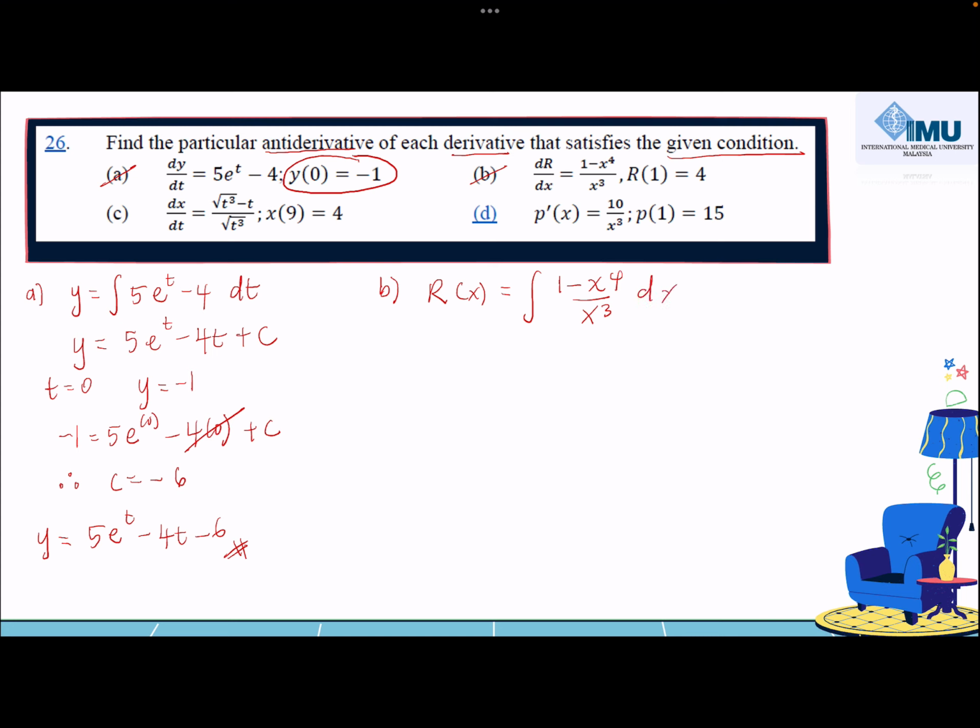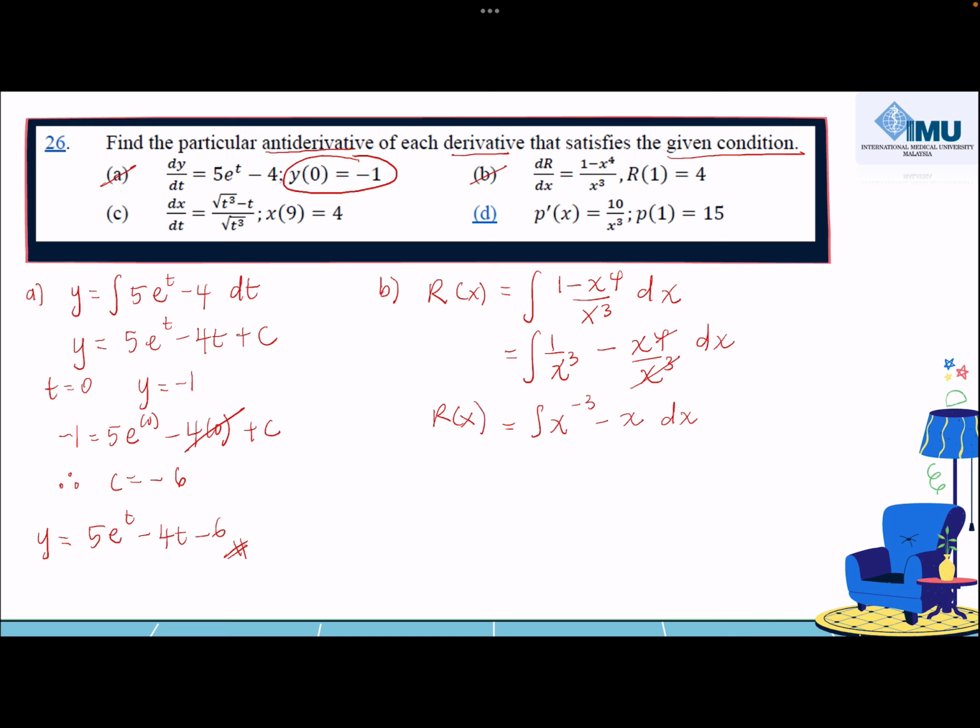If I simplify first without integration yet, I can separate the two, becoming 1 over x cubed minus x^4 over x cubed. 1 over x cubed can be written as x to the power of -3. Meanwhile, the second term can be simplified further, obtaining only x. And now it has become a simpler function.